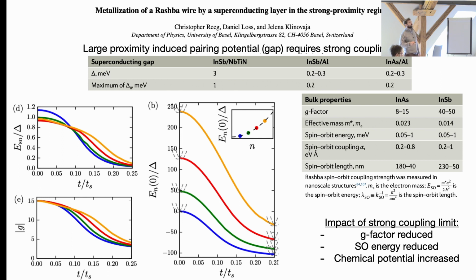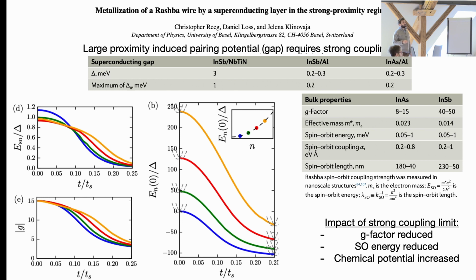Daniel and Yelena, in a previous postdoc of theirs, have a paper where they show probably one of the biggest problems in these Rashba nanowires, well, they have many problems, but one of the biggest is that once I attach the superconductor, then I renormalize and modify all of the parameters compared to the case where I'm just looking at the normal state.